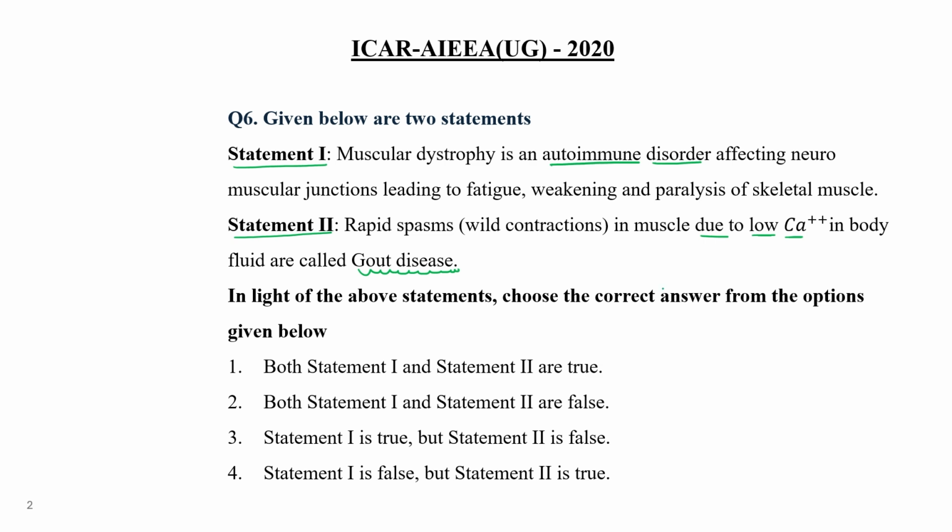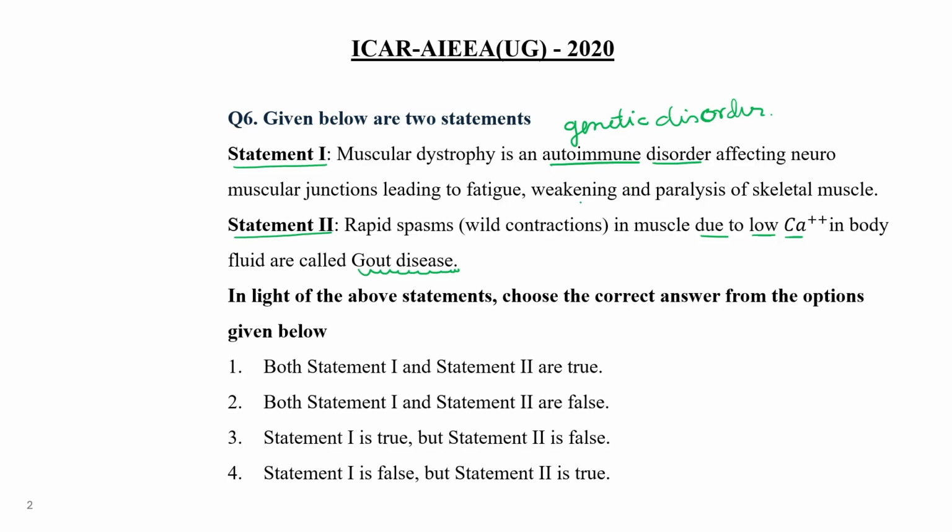Okay, so muscular dystrophy is a genetic disease. It is a genetic disorder. Okay, not an autoimmune disease, right?